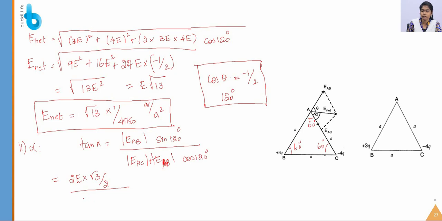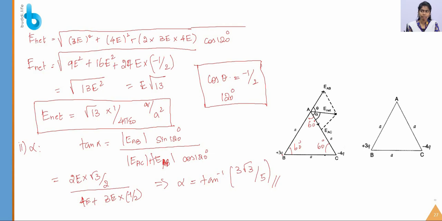It is 4E plus 3E into minus 1 by 2. So by resolving this we will get alpha is equal to tan inverse of 3 root 3 divided by 5. So this is the answer we are getting.